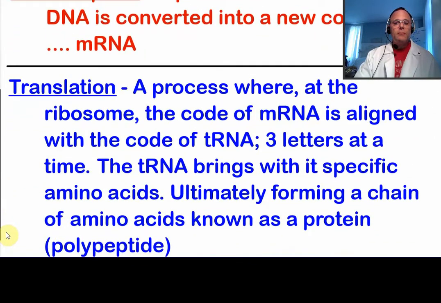Translation, a process where at the ribosome, that's not in the nucleus, the code of mRNA is aligned with the code of tRNA, 3 letters at a time. The tRNA brings with it a specific amino acid, ultimately forming a chain of amino acids known as a protein.